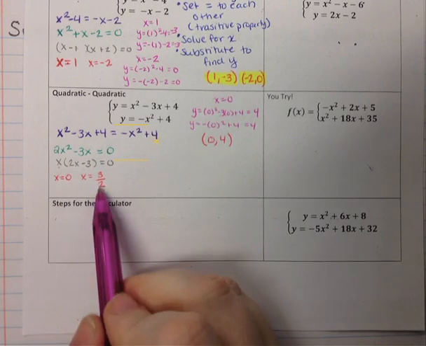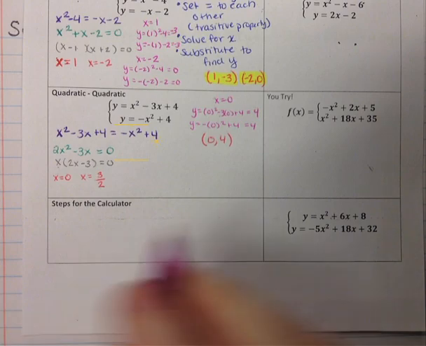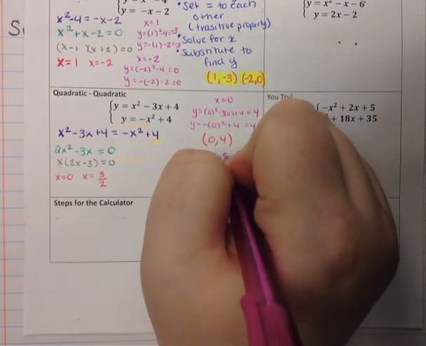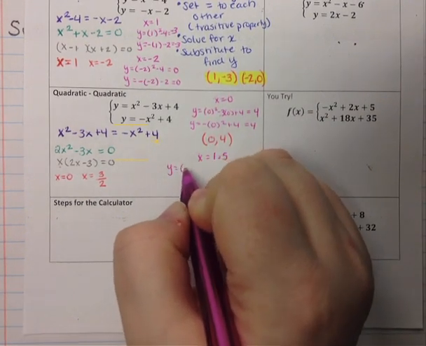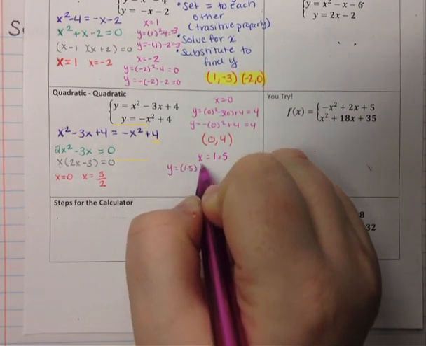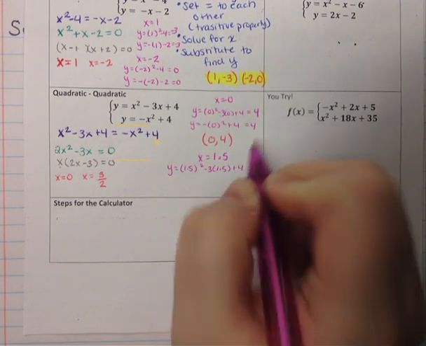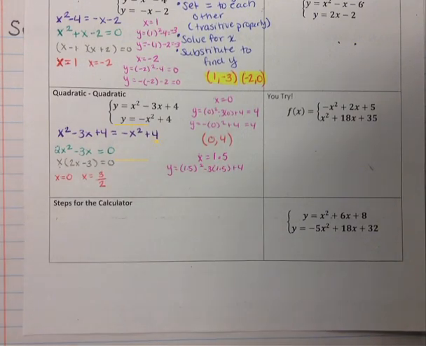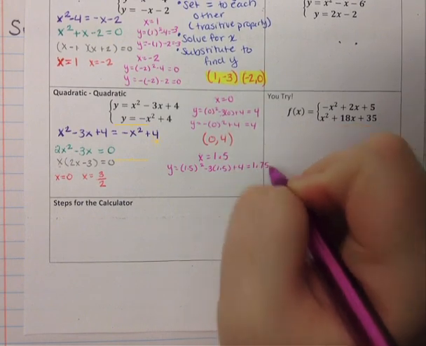The second one is 3 halves. I'm just going to write that as a decimal. So x is equal to 1.5. So when I plug it in, y equals (1.5) squared minus 3 times 1.5 plus 4. If I were to plug this into my calculator, I'll get the value of 1 75/100, or 1 3/4.